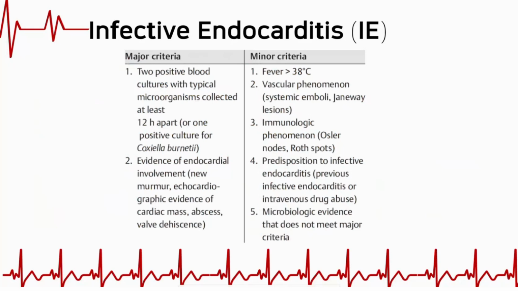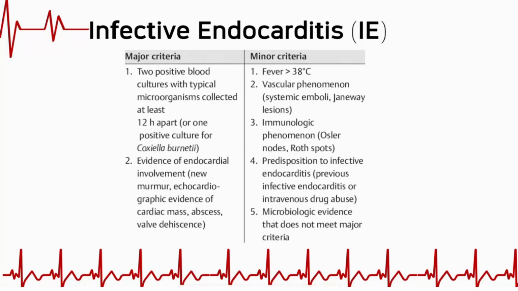In terms of minor criteria, if they have a fever, fever is quite non-specific. So you need other things within the minor criteria to say, this patient might have infective endocarditis. So along with the fever, do they have vascular phenomena, like evidence of an emboli? Do they have Janeway lesions?